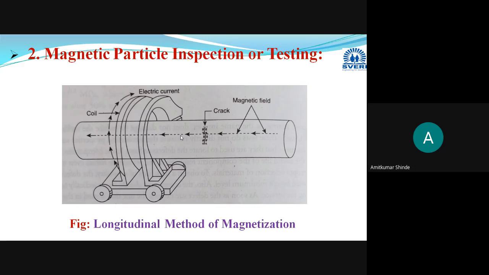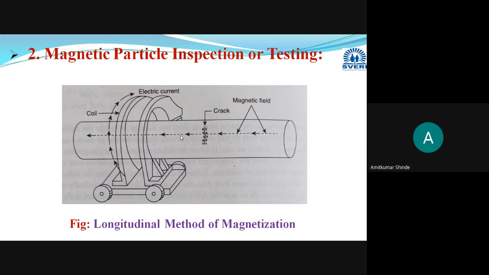Fluorescent in nature, in the sense that the whole inspection process is conducted in a dark room, and observation is done under ultraviolet rays. Whenever you do the inspection under ultraviolet rays, the fluorescent ferromagnetic powder emits yellowish or greenish colored light. That's why that method is termed Magnaglow.